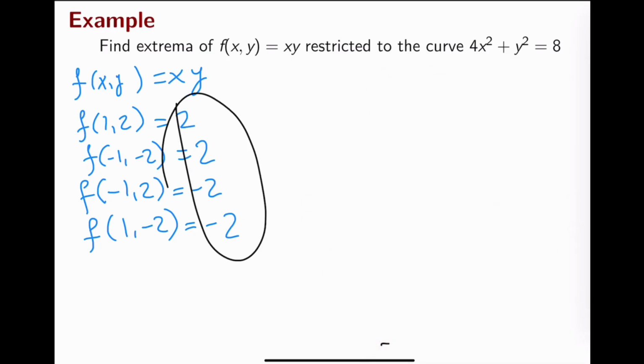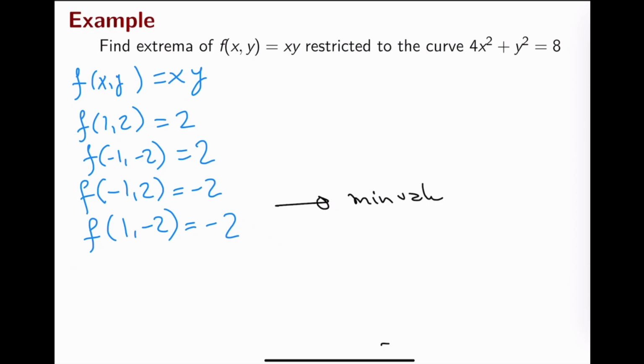Then we have just to look at the values and decide which one is the smallest and which one is the biggest. So clearly the minimum value is going to be -2, right? And it's going to be reached at this point, so at (-1, 2) and at (1, -2).